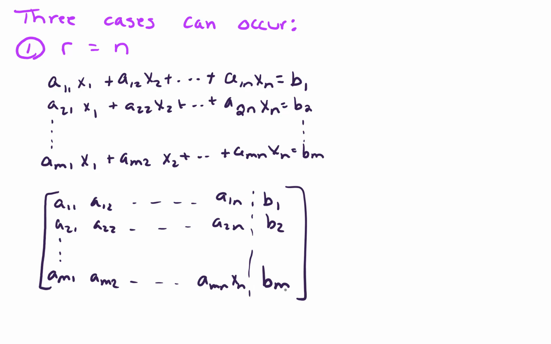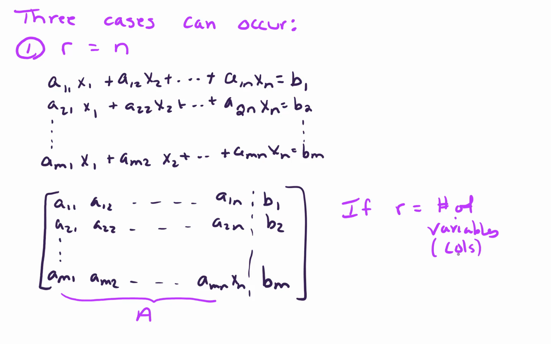All right, so let's look at this. So this is our matrix A, and if the rank of A turns out to be exactly equal to the number of columns, the number of variables, so if rank equals the number of variables, which is essentially the number of columns, this is called a full rank matrix.